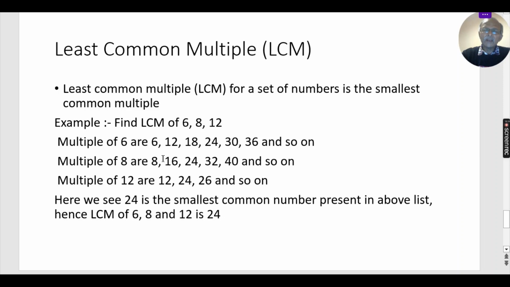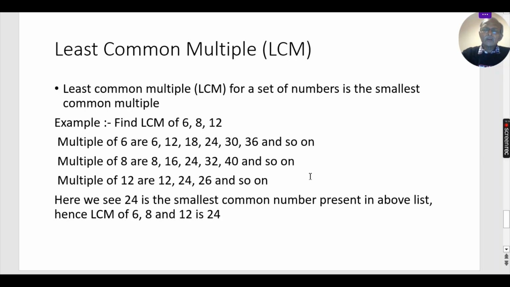Multiples of 8 will be 8, 16, 24, 32, 40 and so on. How did I get this? 8 into 1 is 8, 8 into 2 is 16, 8 into 3 is 24, 8 into 4 is 32, 8 into 5 is 40 and so on. Similarly, we find for 12. Multiples of 12 are 12, 24, 36 and so on.